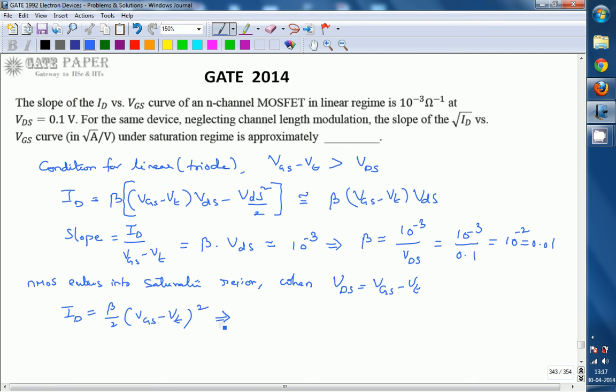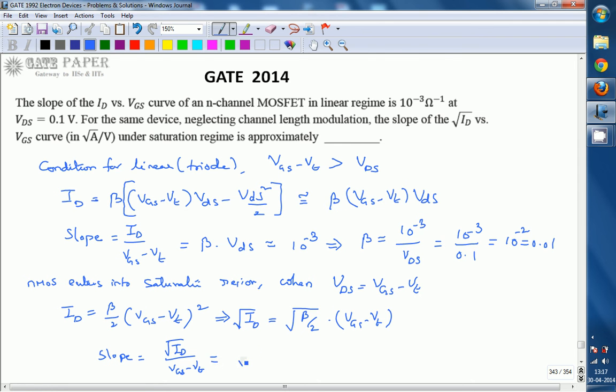But here, what we are looking for is the slope of the square root of ID versus VGS. Take square root on both sides. Square root of ID is equal to square root of beta by 2 into (VGS minus VT). So the slope of this curve is square root of ID divided by (VGS minus VT).